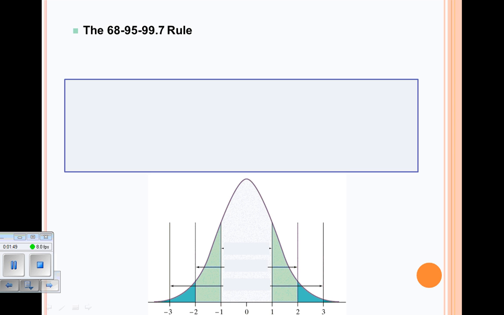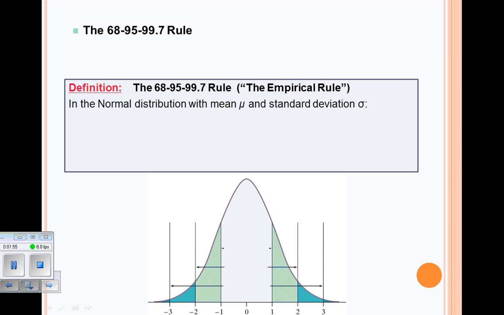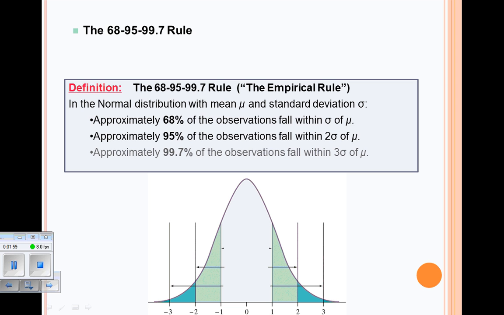So here's again the 68, 95, 99.7 rule, the empirical rule. So hopefully you remember a lot of this. 68% of the observations fall within one standard deviation of the mu. So if you go out plus or minus one standard deviation, you're going to be within 68%.